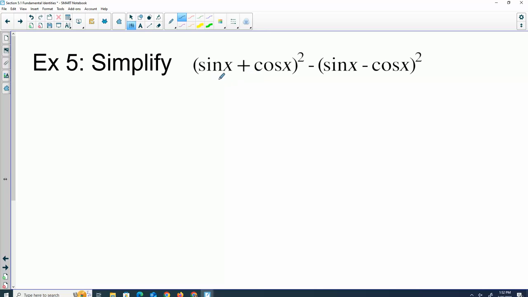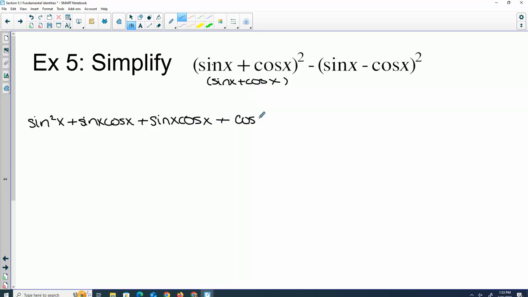But we know if we want to square that, it means you have it written twice. And you have to FOIL. So sine x times sine x would be sine squared x. Outside, sine x times cosine x. Inside, another sine x cosine x. Last, cosine times cosine is cosine squared.